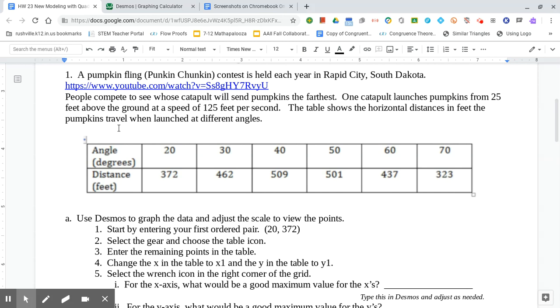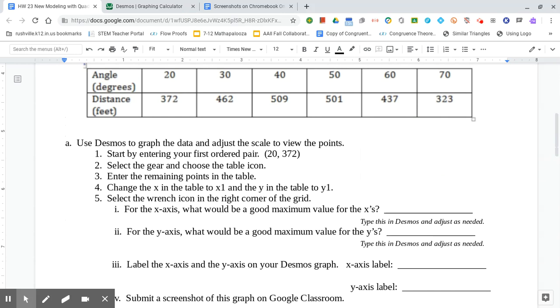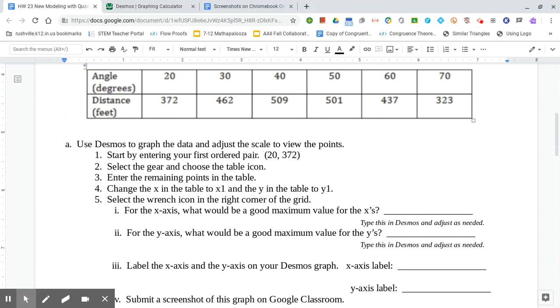So let's go ahead and jump into using Desmos. In this case, we could follow along with the steps shown here. I'm going to deviate from them just slightly, but Desmos is a very user-friendly calculator, and it's very nice to have access to. So what we are going to do is put these values into our graphing calculator.